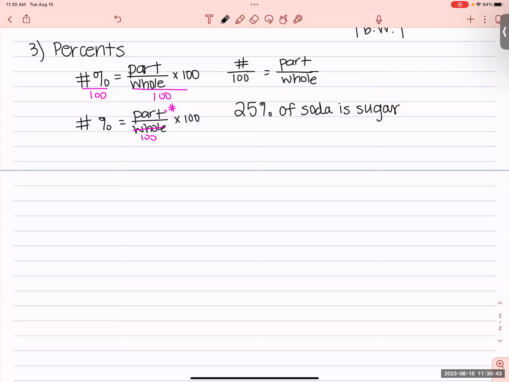We can move the decimal over and we can say 0.25. Let me give you units here. Let's put some units in here. My apologies. Let's say mass volume percent.